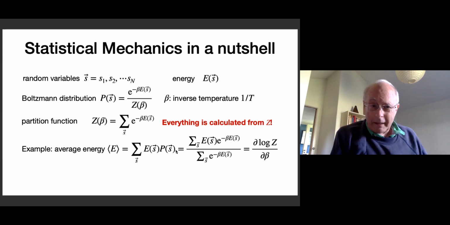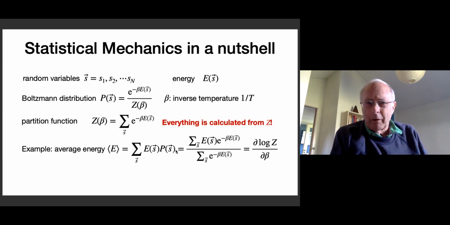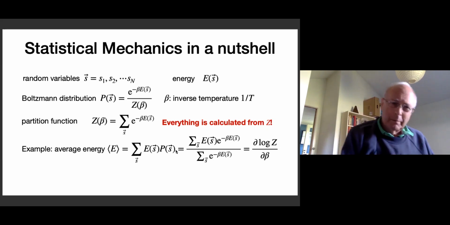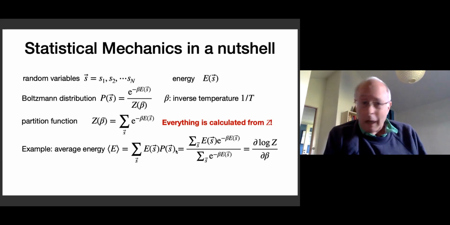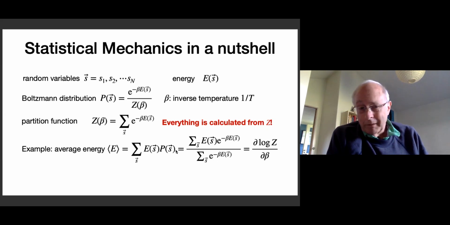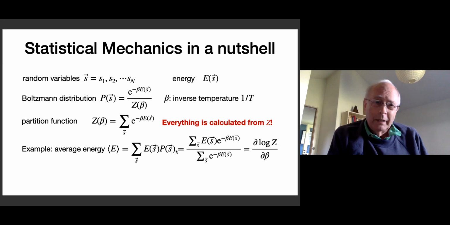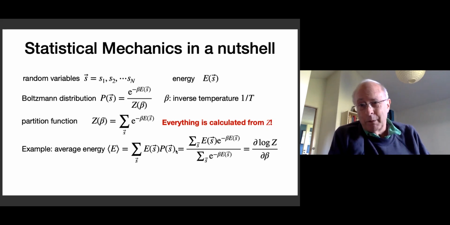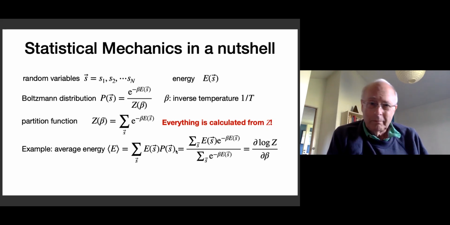The basic place you start with in statistical mechanics, usually, although you can get even more basic, but I won't do that here, is the Boltzmann distribution, which says that the distribution of these variables is an exponential distribution of this energy.